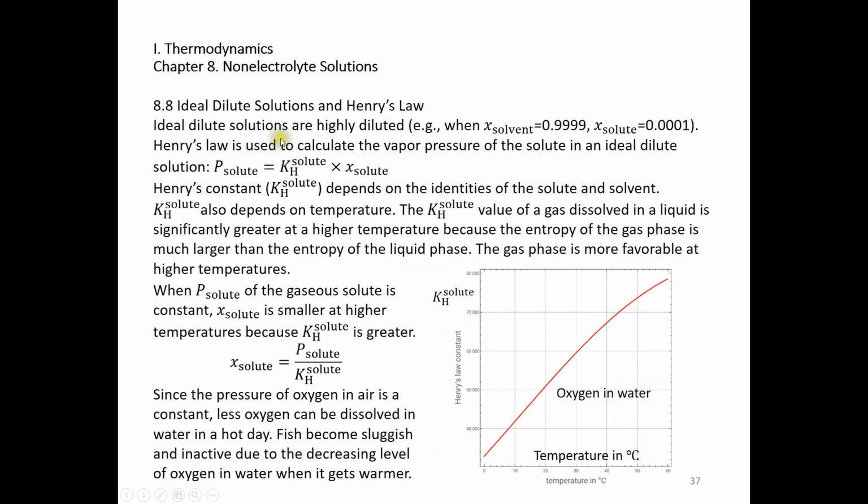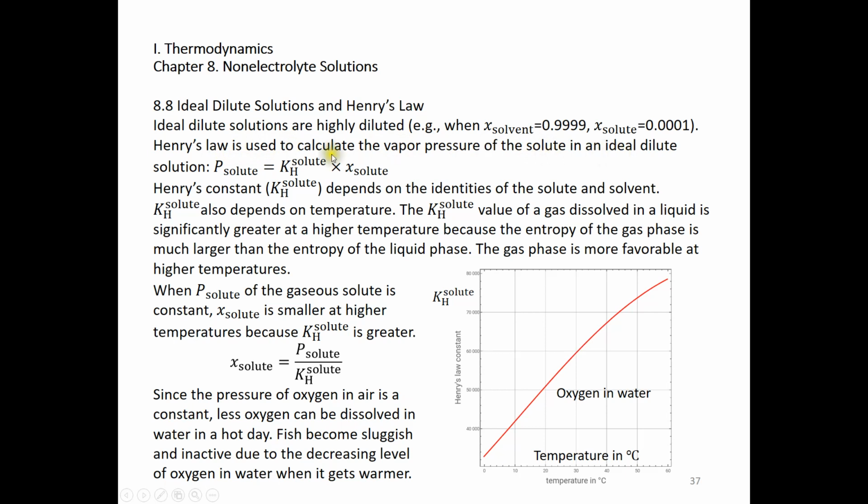Ideal dilute solutions, again, are highly diluted. Here's the example. If the mole fraction of the solvent is 0.9999 and the mole fraction of the solute is only 0.0001, we have a really good ideal dilute solution. Henry's law can be used to calculate the vapor pressure of the solute.